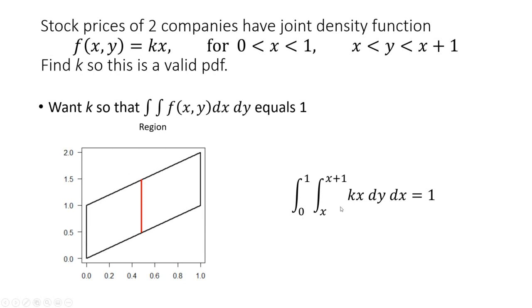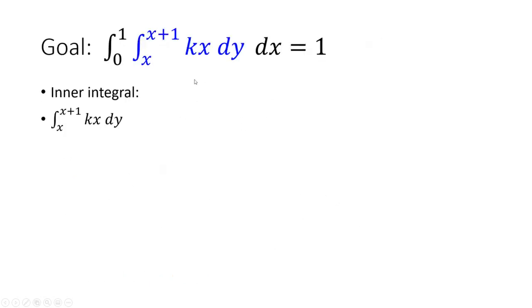So the integral that we want to be setting up is the integral of kx dy dx, because we have vertical rectangles, from y equals x to x plus 1, and then from x equals 0 up to x equals 1. All right, so when we evaluate this, focus on our inner integral. Here we're integrating with respect to y.